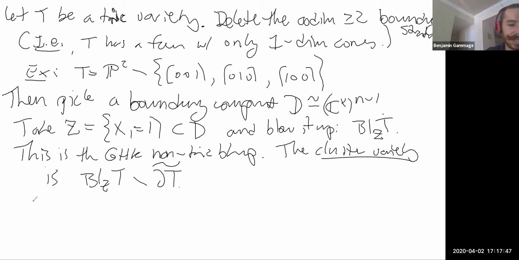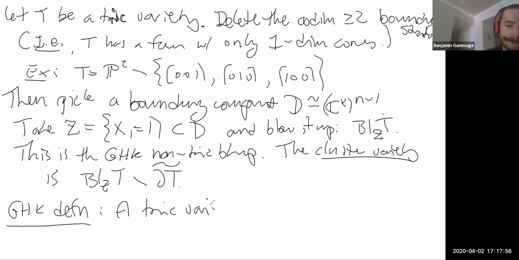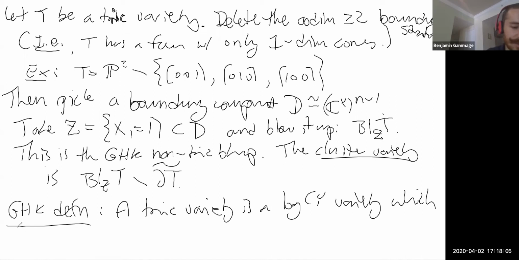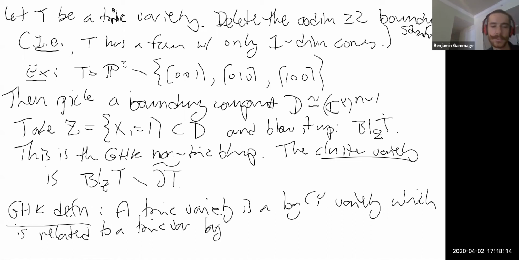So the GHK definition is that a toric variety is a log-Calabi-Yau variety, which is related to a toric variety by a sequence of, which is obtained from a toric variety.